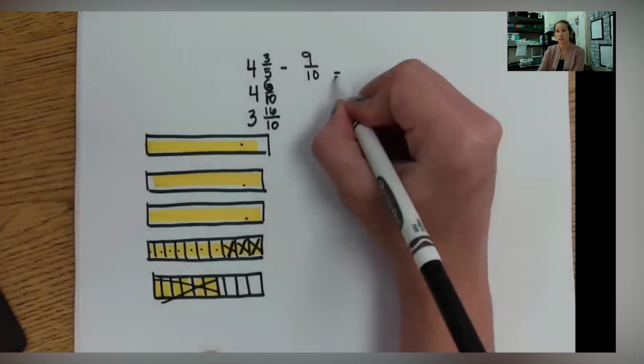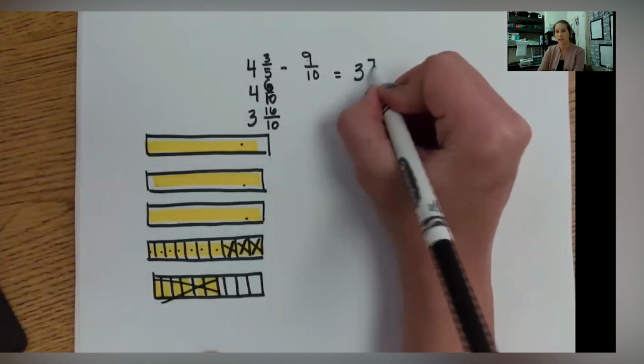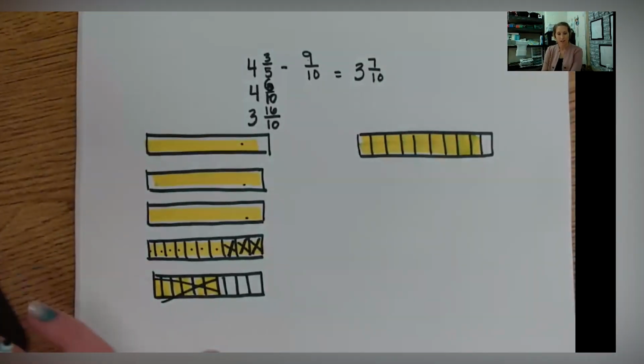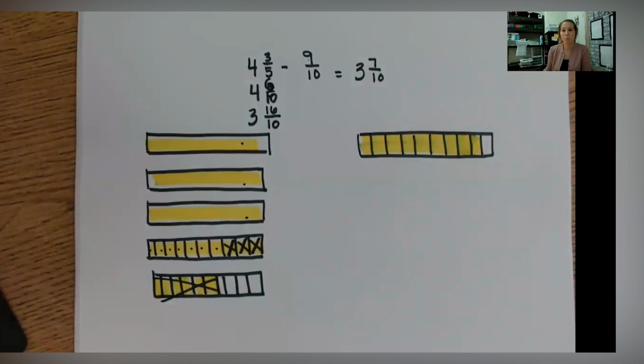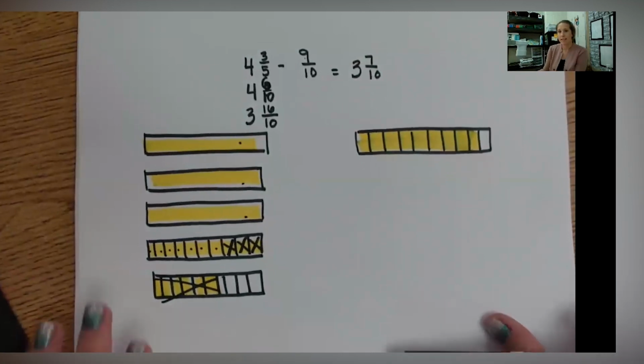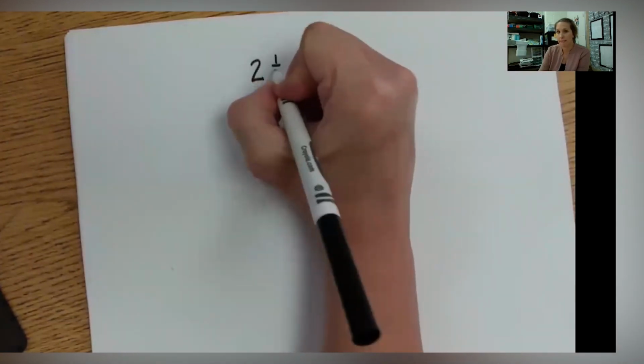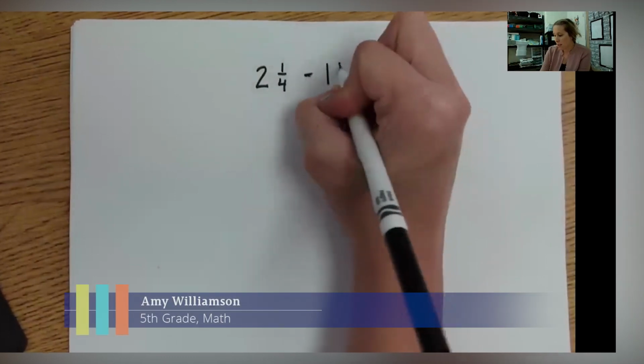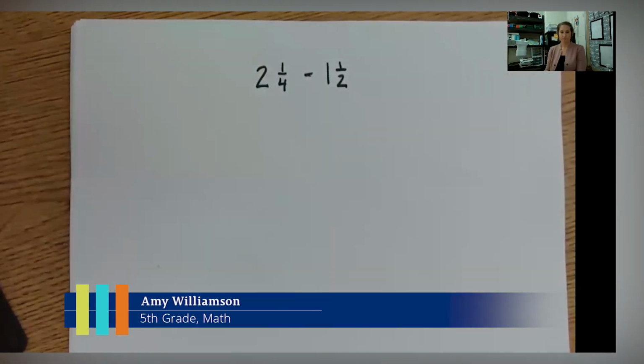So our difference is 3 and 7/10. Great work. Let's practice some more problems together. This time, I want you to try 2 and 1/4 minus 1 and 1/2. I want you to draw your model while I draw mine.